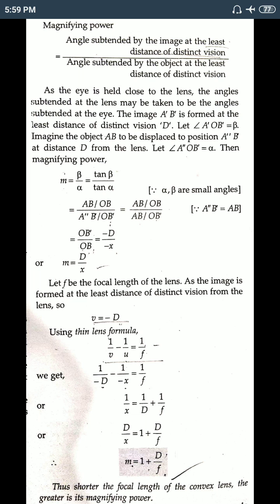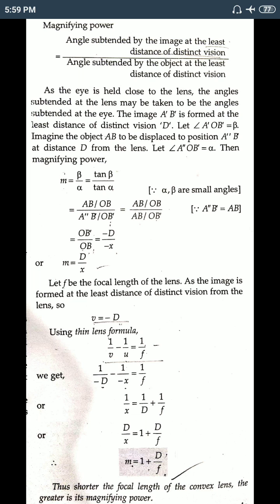Now, if we consider f to be the focal length of the lens, the image will be formed at the distance of distinct vision. So the value of D equals v. This gives us the image distance v equals minus D, because a virtual image is formed in the case of a convex lens.